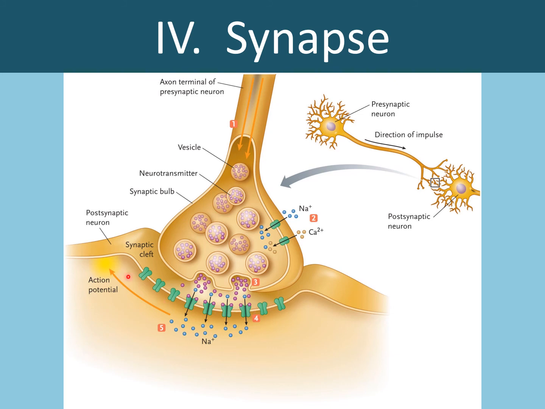If enough of these chemically gated ion channels are opened and enough sodium rushes in, you will get a change in voltage above the threshold, and now voltage-gated sodium channels can open and an action potential will resume in the target cell. And that kind of completes the whole process of an action potential and one neuron signaling a target cell.